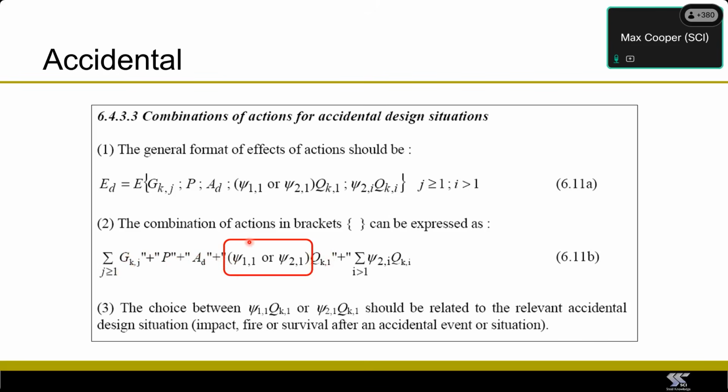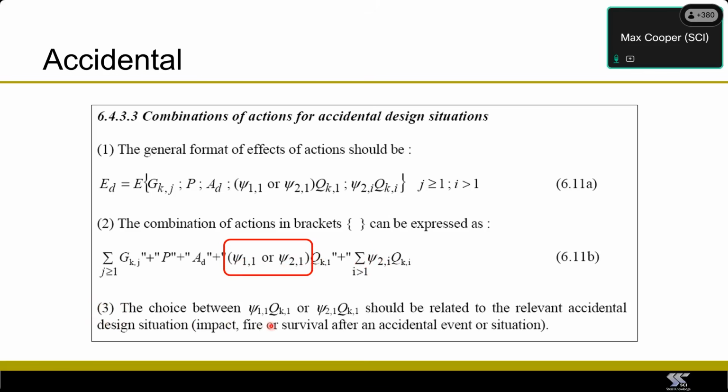But you'll notice that we have the psi factors involved. So we have a choice in the core Eurocode of psi 1 or psi 2 for the leading variable action, and then for other variable actions we have psi 2. And the Eurocode is not completely helpful in this regard. It says that there is a choice to be made by the designer.